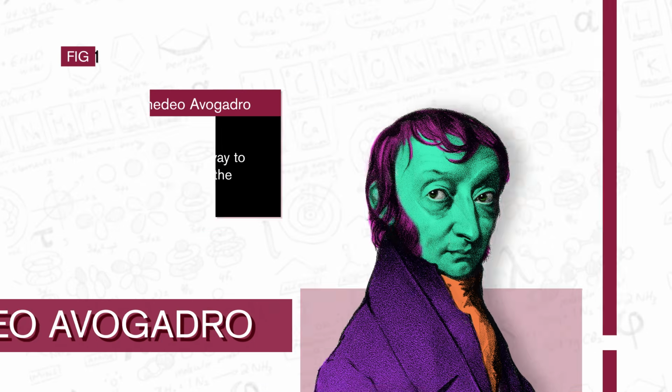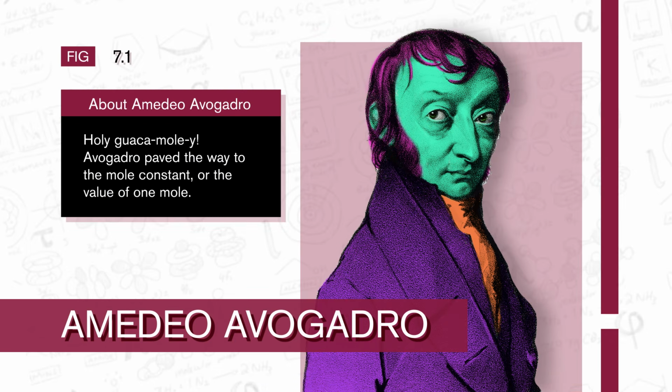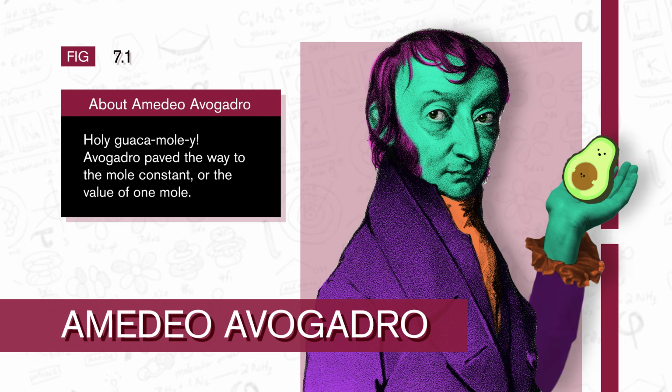The idea of even trying to figure that out is daunting, but luckily we don't have to. An Italian physicist and professor named Amedeo Avogadro already did, and his contributions will make this process way easier for us. Not only does his name conjure the image of an avocado, but he's also the person we have to thank for paving the way to the mole constant, or the value of 1 mole.